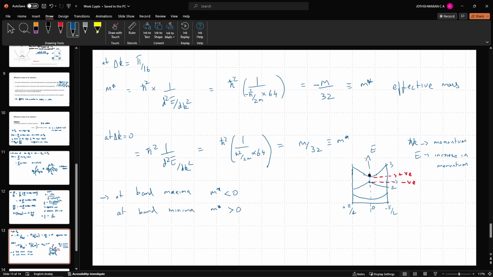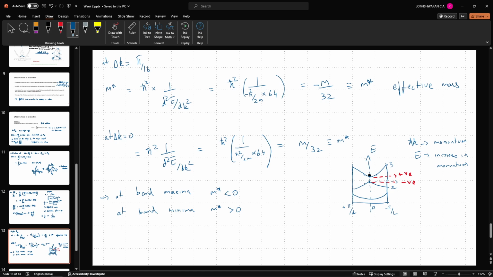Now imagine the same situation for the band number 2. I can't assume an electron is existing at the top energy level itself because that will never happen. Energy levels always fill from the lowest energy to the highest energy because generally all physical systems try to stay in the minimum energy configuration.